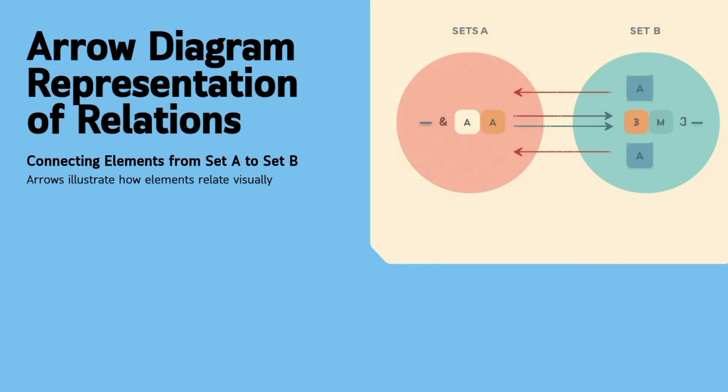For example, if 1 in set A relates to A in set B, we draw an arrow from 1 to A. If 2 relates to B, we draw an arrow from 2 to B. This method is powerful because it helps us see the connection instantly. It's especially useful when teaching or learning because the arrows make the relationship clear.